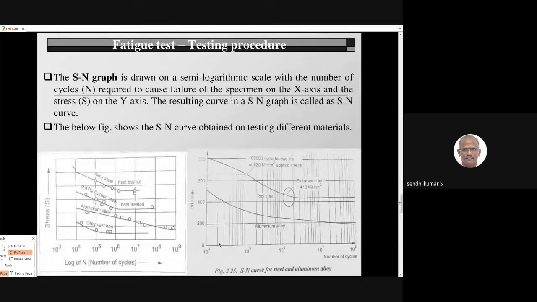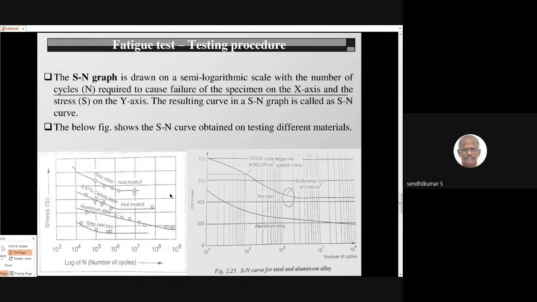For each curve we will do around 6 experiments. If you consider a heat-treated alloy steel, we do around 6 experiments. Only then can we plot this curve based upon our different stress amplitudes.